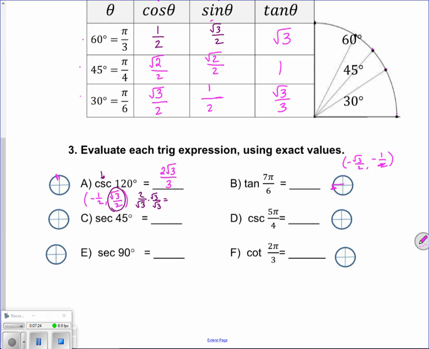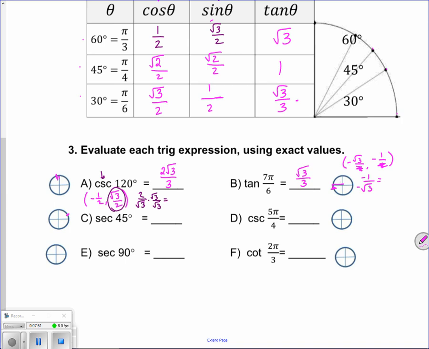I cover up these guys, and I do y over x. And so I get, again, negative 1 over negative square root of 3. The negatives cancel, and so I get square root of 3 over 3. And you say, wait a minute, that's the same thing as I got with that pi over 6. Interesting.